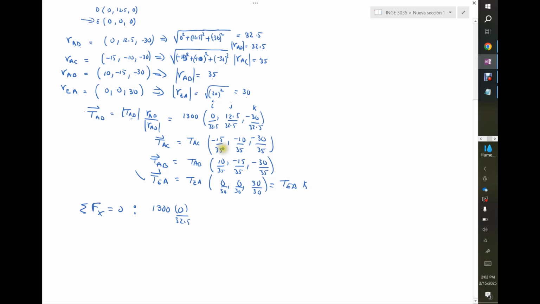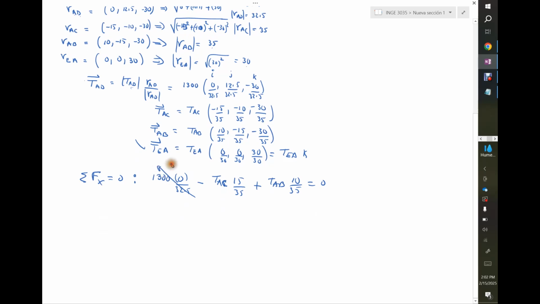And now here's a negative, so it's gonna be minus TAC 15 over 35. And how about here? TAB is a positive, so plus TAB, and that's going to be 10 over 35, and that equals 0. That's what we got. This is 0, and we are done with the balance on X.